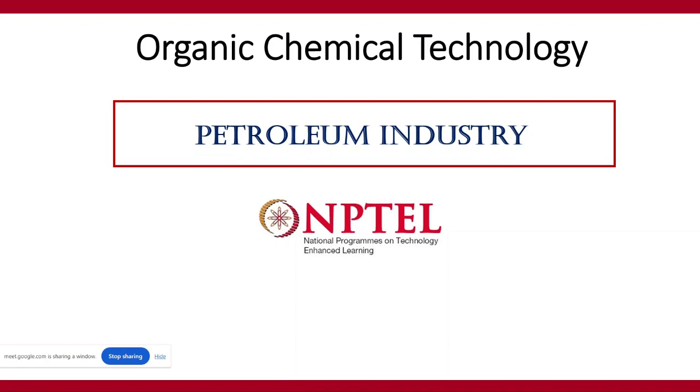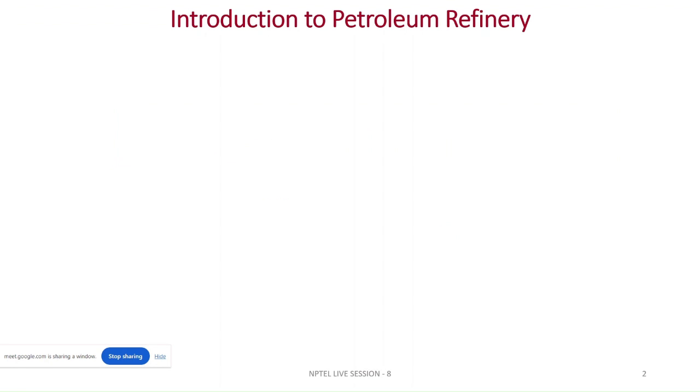Today, we will be more focusing on the characteristics of petroleum products and some details on the process description, unit operations, physical chemical unit operations, and the refinery processes. So, we can start today's class with a brief introduction to the petroleum refinery.